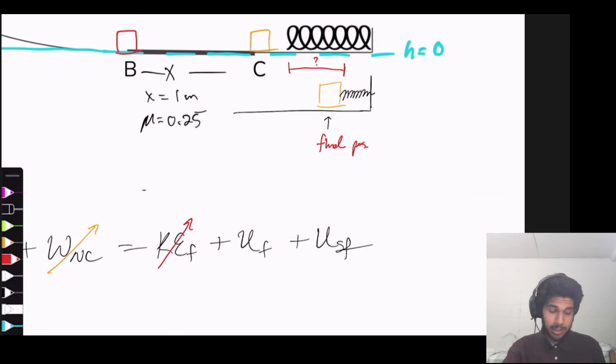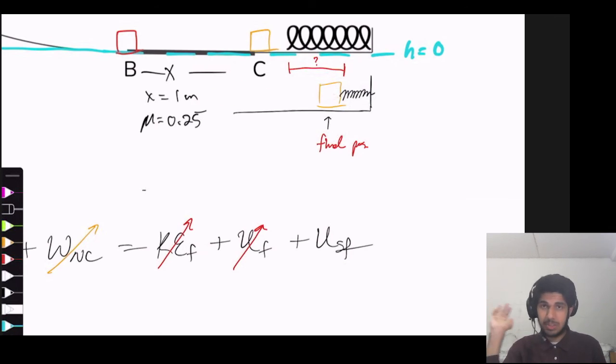No, because we're at h equals 0. Is there spring potential energy? Yes, because the spring is no longer in equilibrium position. Up here we're in equilibrium position, but now the block has squashed the spring, so there's so much energy stored up in here that it wants to push the block backwards, and in fact that's what's going to happen. After the block has compressed the spring, this block will go flying that way.